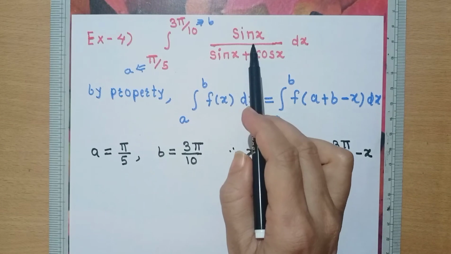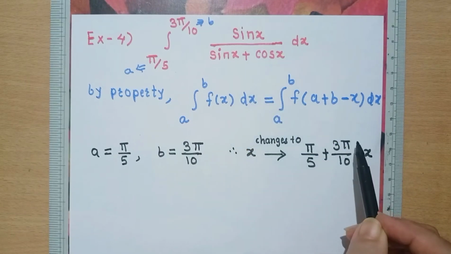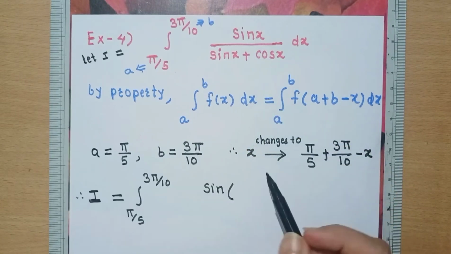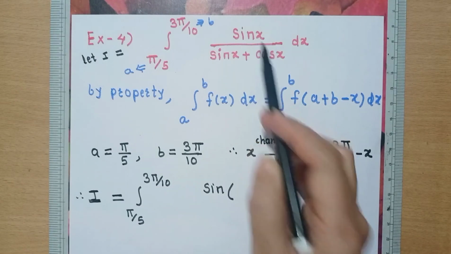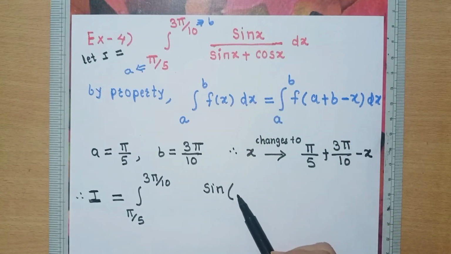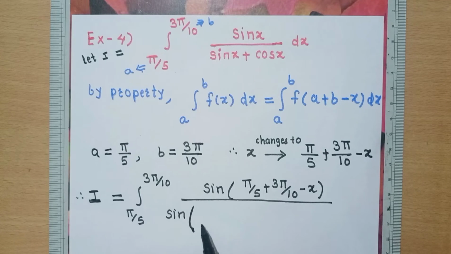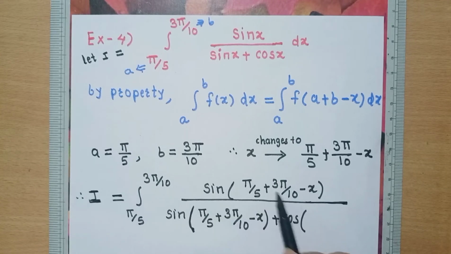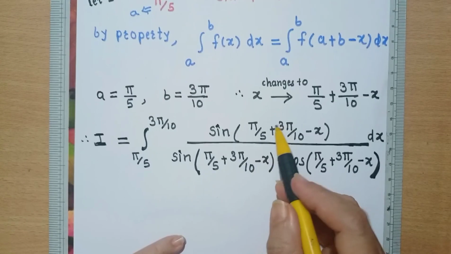So we will change x in this way in this integral, and here also we will write this same bracket, and here also this same bracket. Now simplify this.